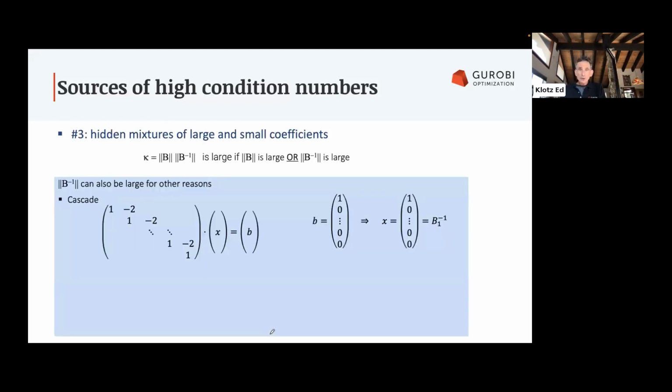All right, and then the third source of high condition numbers is what we call a cascade or long sequence of transfer constraints, like is illustrated with this example basis matrix. So clearly the norm of this basis matrix is very modest. So if this is ill-conditioned, it's going to be because of a large inverse of the basis value.